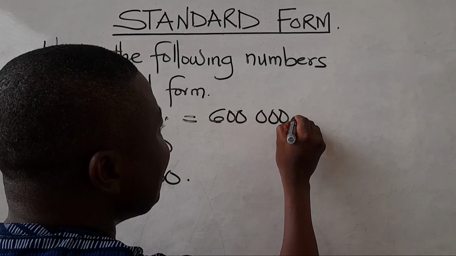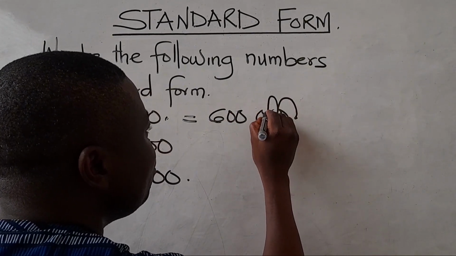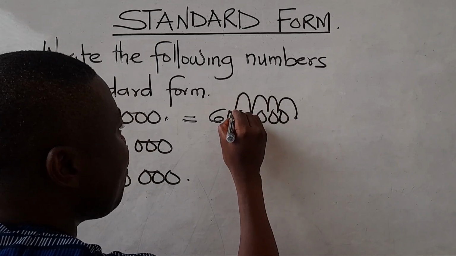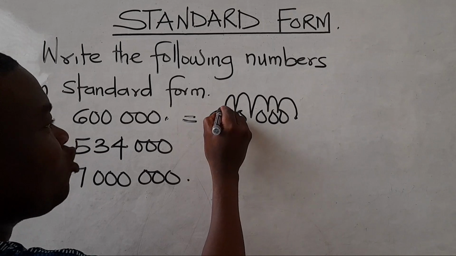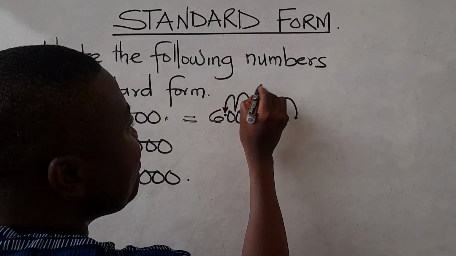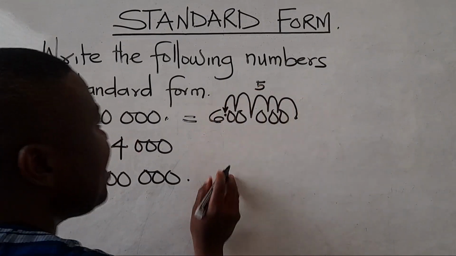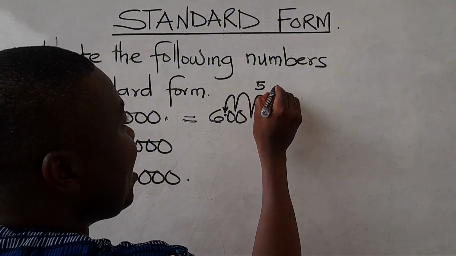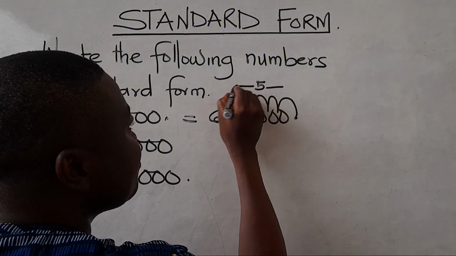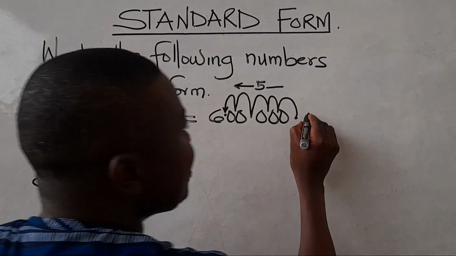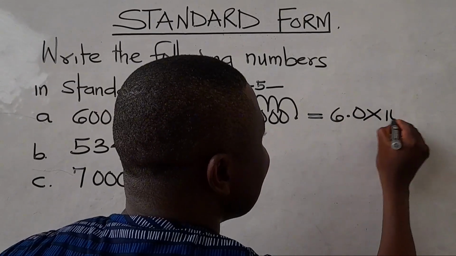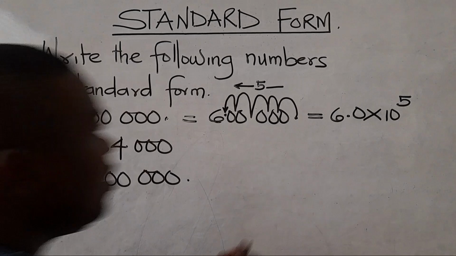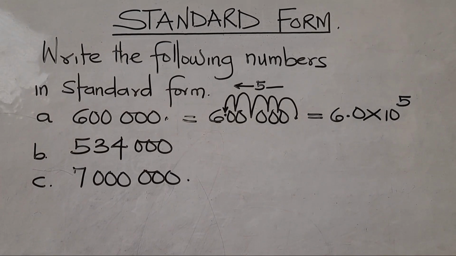The point is here, let's go 1, 2, 3, 4, 5. Now it's in front of the first non-zero number, and we went 5 times to the left. So this becomes 6.0 times 10 to the power 5. We have now written that in standard form.